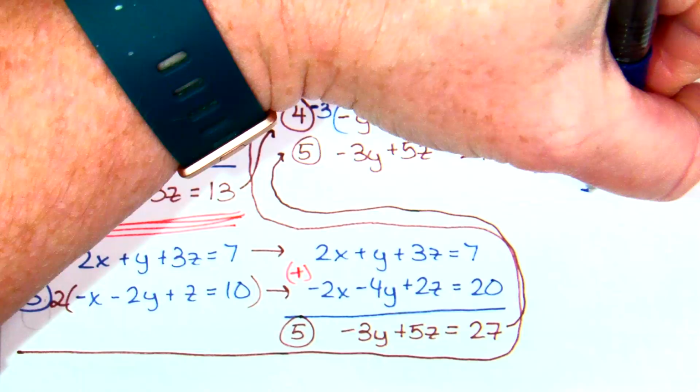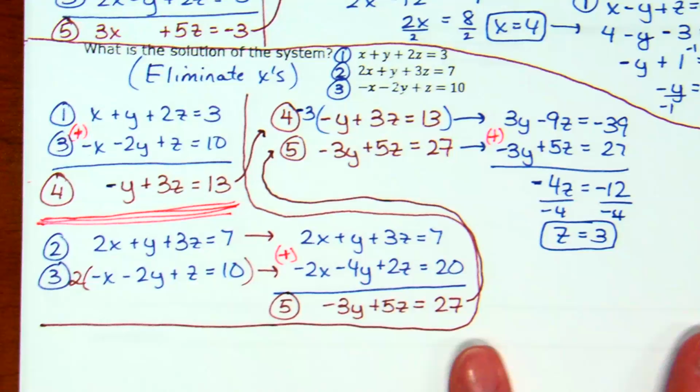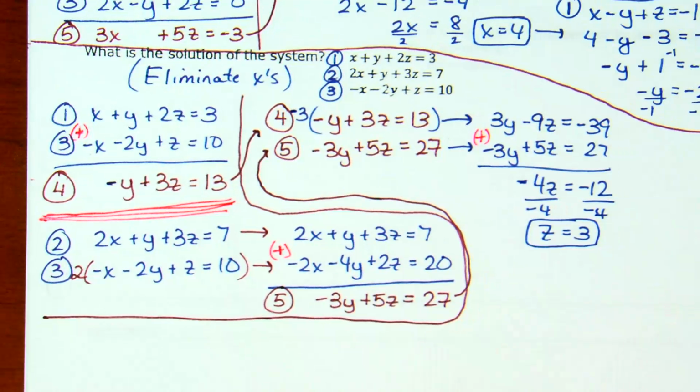If negative 4z equals negative 12, divide by negative 4, and z is 3. What do I do with z is 3? I like to plug it into equation 4 or 5.